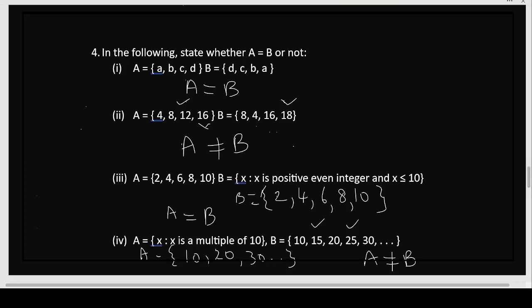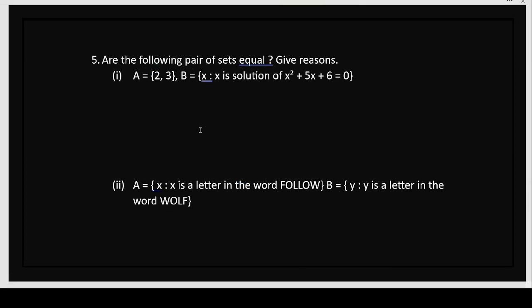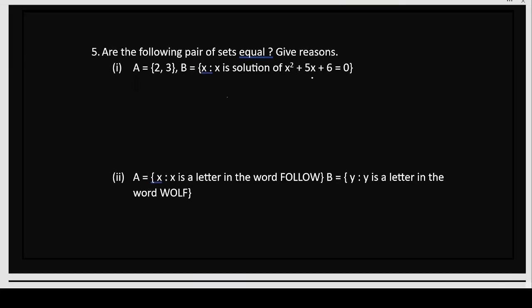We'll move to the next question. Are the following pair of sets equal? Give reasons. A is 2, 3 and B is x such that x is a solution of x square plus 5x plus 6 equals 0. First factorize and find out the solution for x in B. x square plus 5x plus 6 is equal to (x plus 3)(x plus 2).